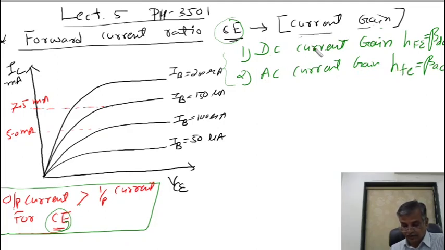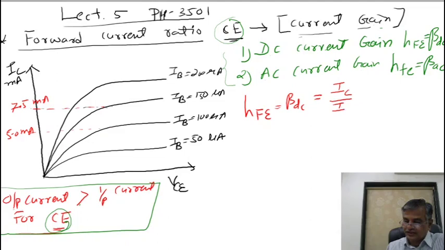Let us define one by one. DC current gain is defined by the ratio of the static value of collector current to the static value of the input base current when the collector emitter voltage is constant. Listen again.